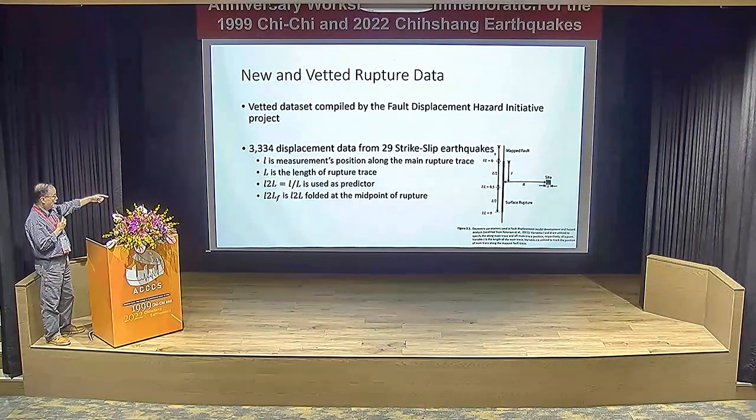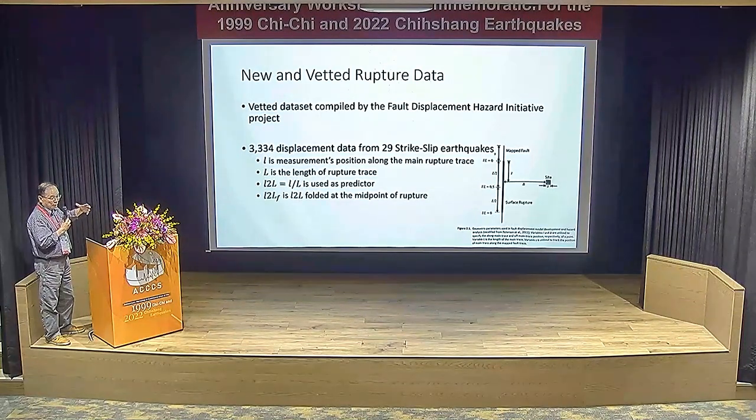Instead, we use it normalized to the length of the rupture trace. That way, it allows us to pool data from different earthquakes so that we can have better data constraint on the shape of the along-strike variation of the slip.